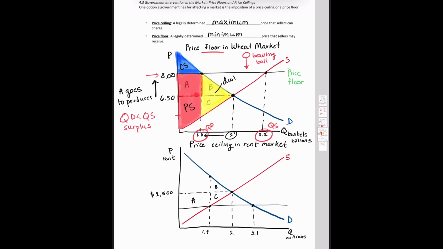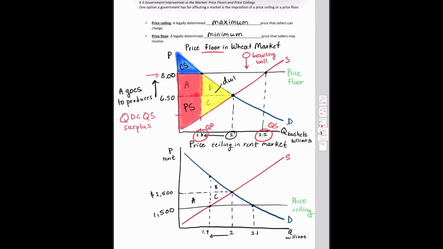If the government imposes a price ceiling here of $1,500, what's going to happen? Quantity supplied is going to fall to 1.9, and quantity demanded is going to increase to 2.1. It's going to result in a shortage of 200,000 apartments.